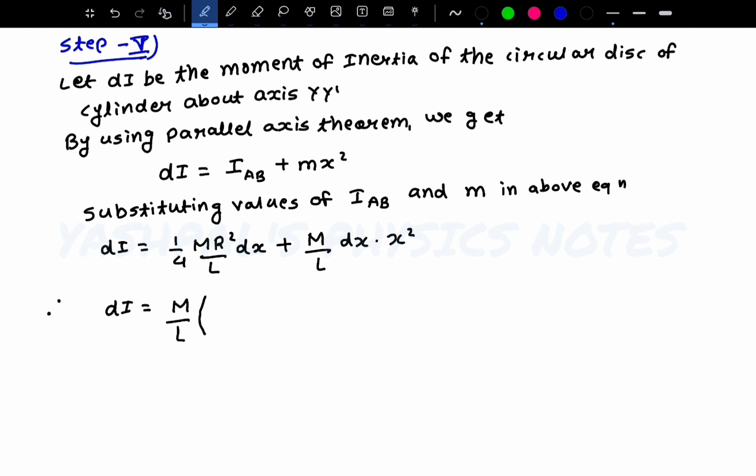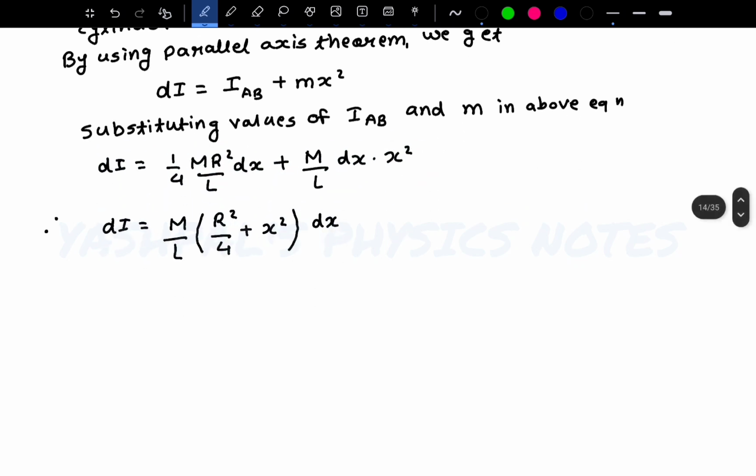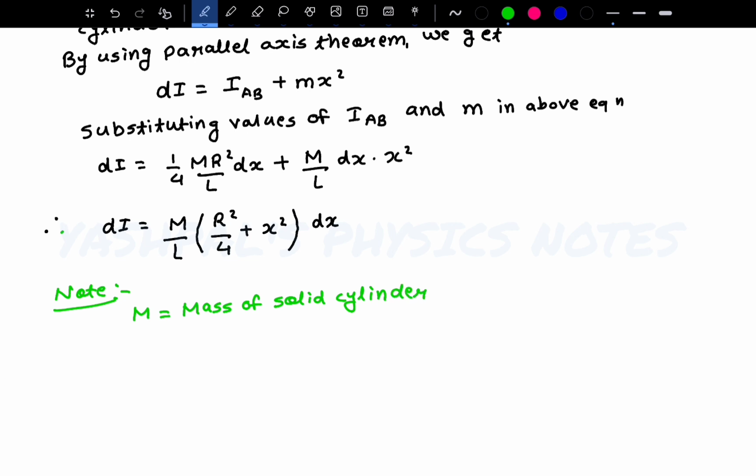Now write the remaining terms: r square by 4 and here x square, and also at the same time dx is common. So here I am taking dx as a common term and writing it outside. Here I am again writing a note: capital M is the mass of solid cylinder and small m is the mass of circular disc.